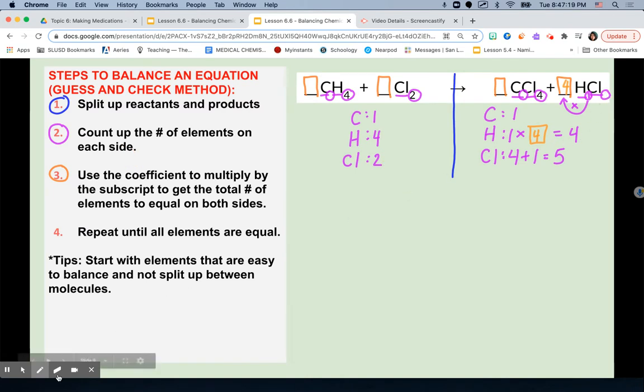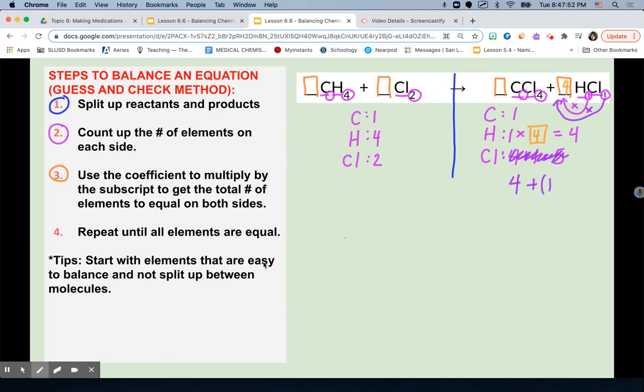So basically my Cl is also going to change. So here I have one Cl times 4. So that's going to be 4. And don't forget the other 4 Cl's here. So crossing this out, the 4 Cl here, 4, plus the 1 times 4 Cl's I have here.